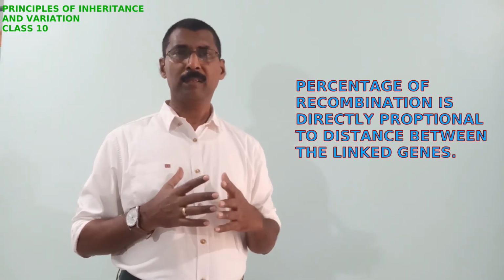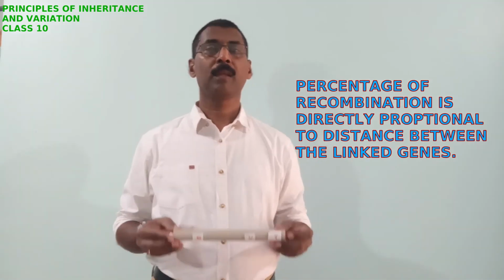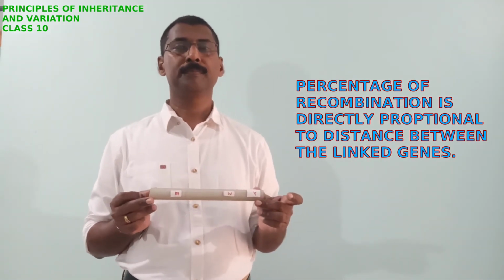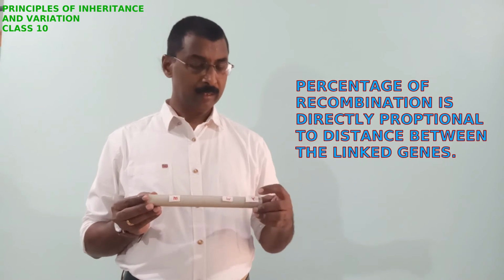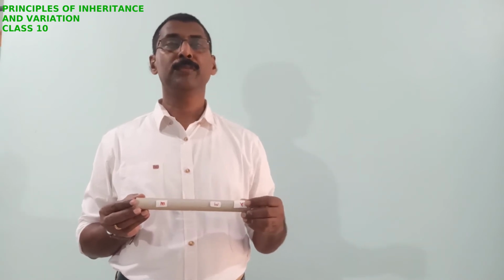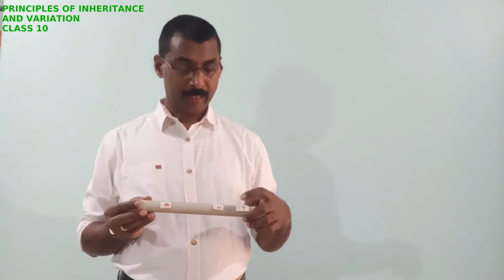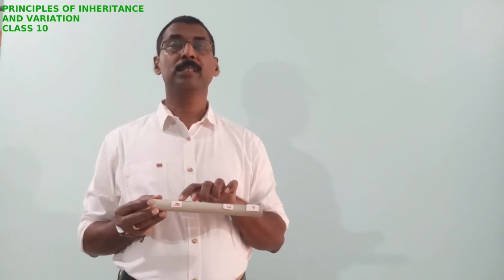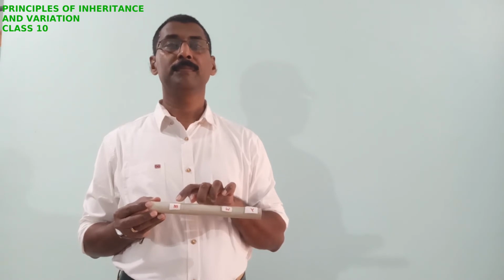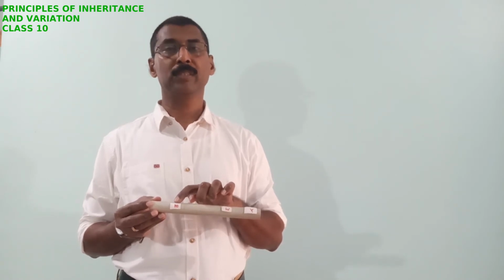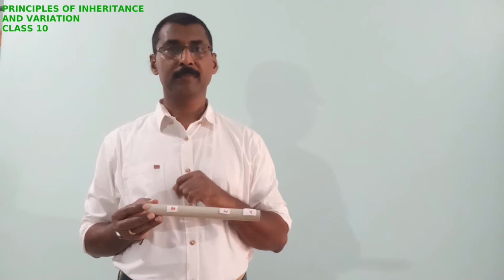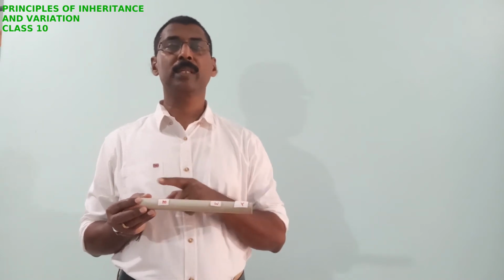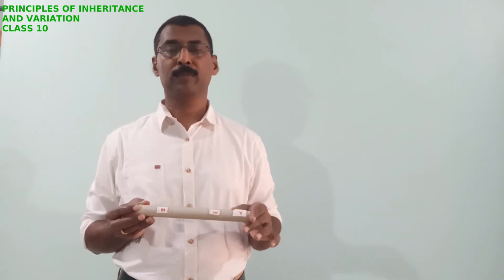Let us see this. Suppose this is the chromosome, and this is the gene for body color, and this is the gene for eye color, and this is the gene for wing size of the individual. All these three genes are situated on the same chromosome.